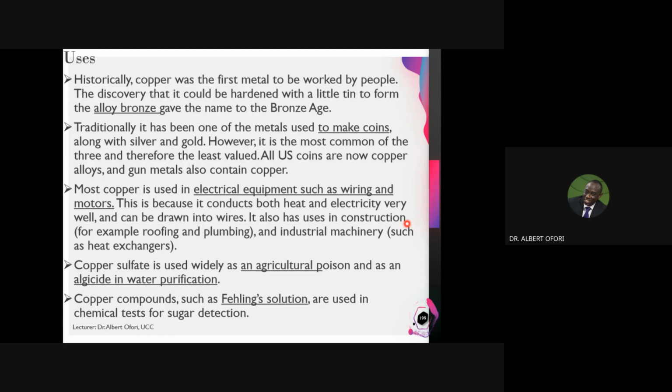For example, if there's a medal, you see we have bronze, we have silver, and then we have gold. So the highest is the gold, then the silver, and then the bronze. So it means that in the category of expensive metals, you can't count copper out. And we have those coins there.